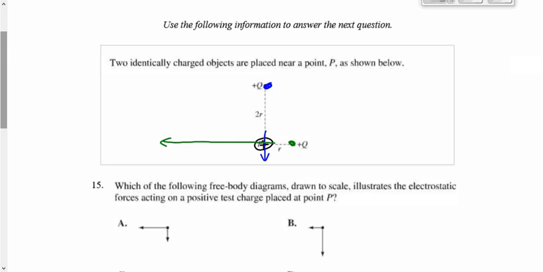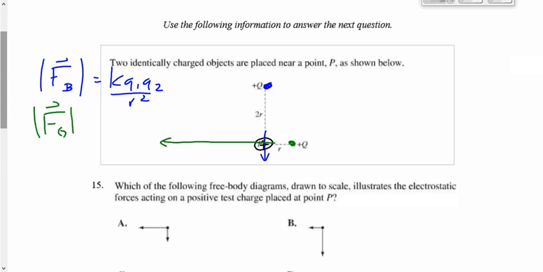Why is the force to the left bigger than the force that's downward? Less distance. Why is it 4 times bigger? Yes, because it's half the distance and it's squared. If this is my blue force, FB is equal to K Q1 Q2 over R squared, and this is my green force, K Q1 Q2 over (1/2 R) squared.